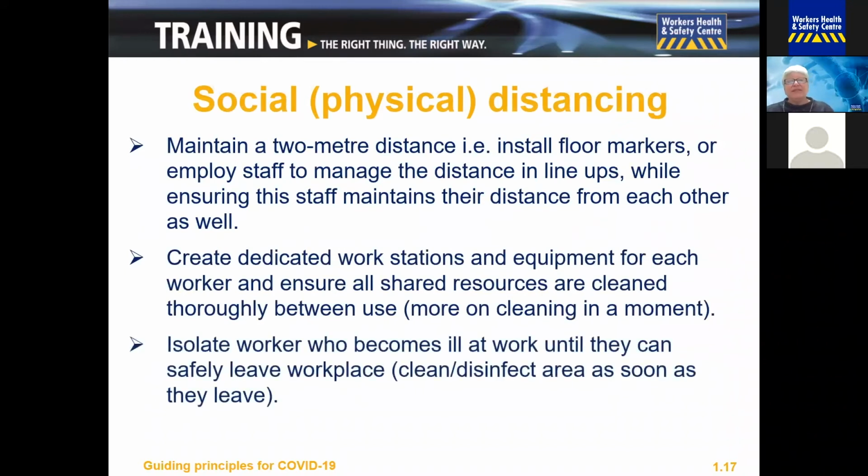When utilizing these controls, it is important to take measures to maintain a 2-meter distance between clients and workers. Examples of these measures include installing floor markers or employing staff to manage the distance in lineups, etc., while ensuring workers maintain a 2-meter distance from each other as well.